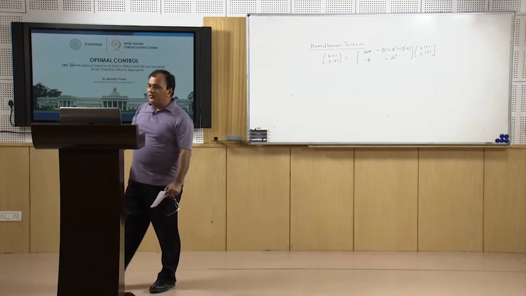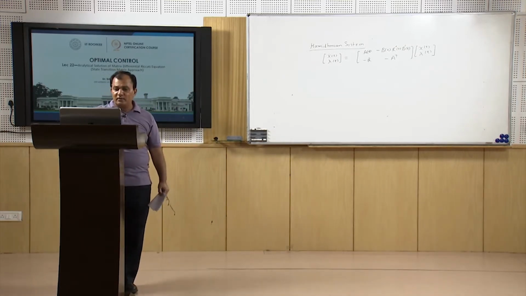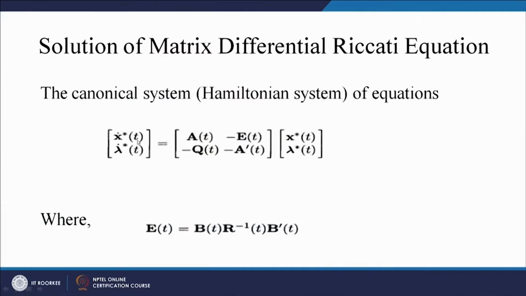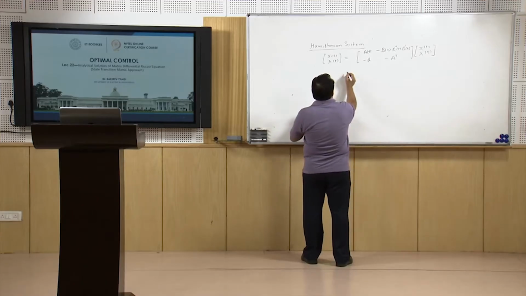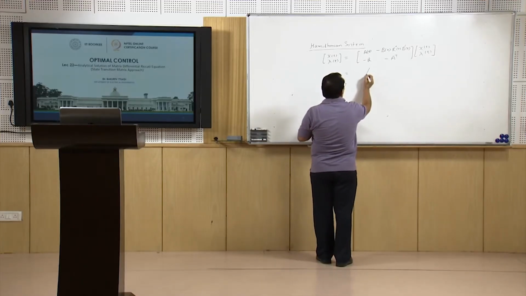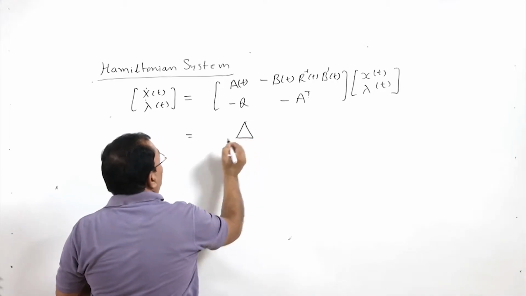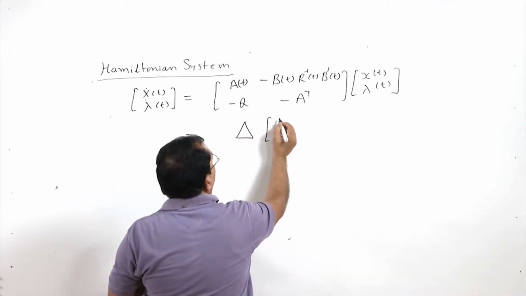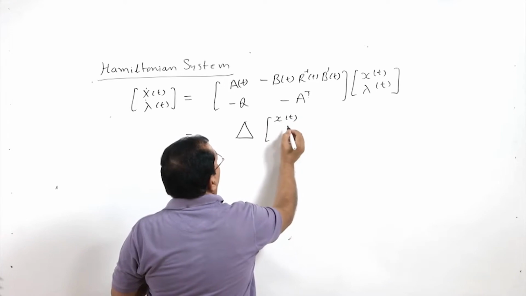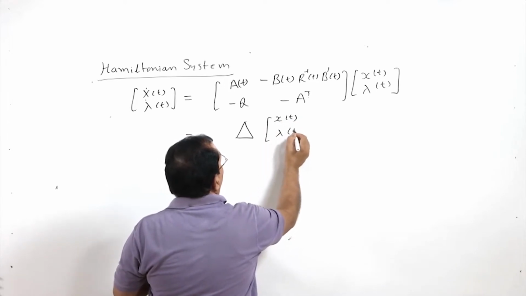Now, if we see these two equations, this Hamiltonian system, if I know x 0 and lambda 0, I can directly solve in terms of the state transition matrix. So, I write this matrix as my Hamiltonian matrix delta, multiplying x(t), lambda(t).